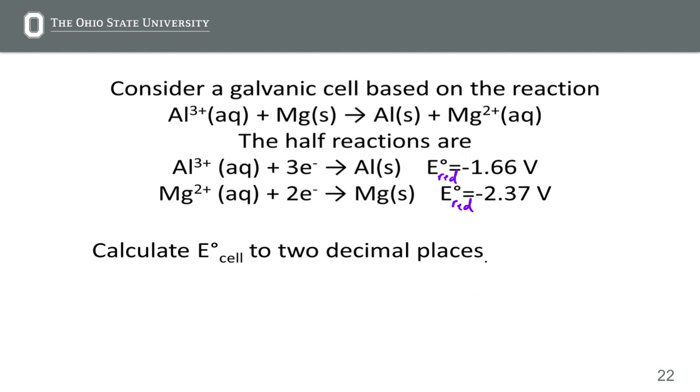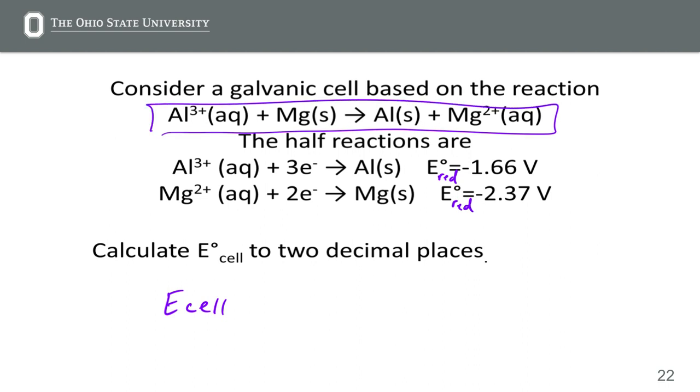So how are we going to do that? Yeah, Braden? Yes, we can look at this overall reaction, and we'll see that we have the aluminum 3 plus plus 3 electrons. That's going to show up here.